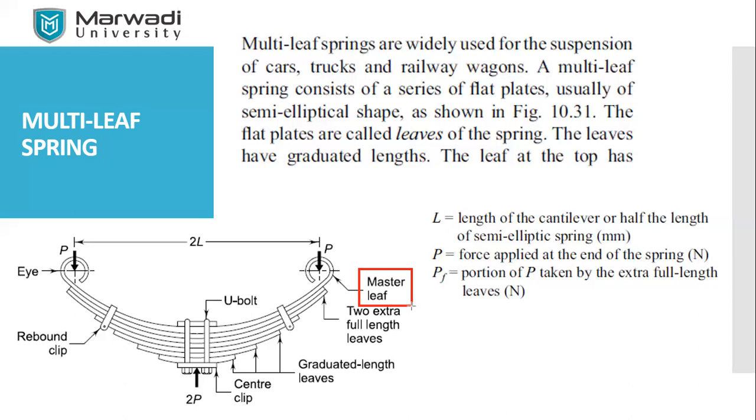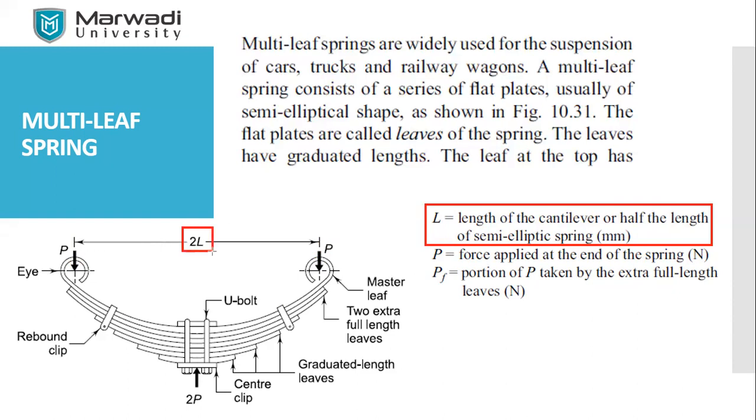With the help of the figure you will easily understand how this works, and you will know the load which is acting will be at the two ends. If we talk about the nomenclature, L is considered as the length of the cantilever or half the length of the semi-elliptical spring, because the total length is denoted by 2L.